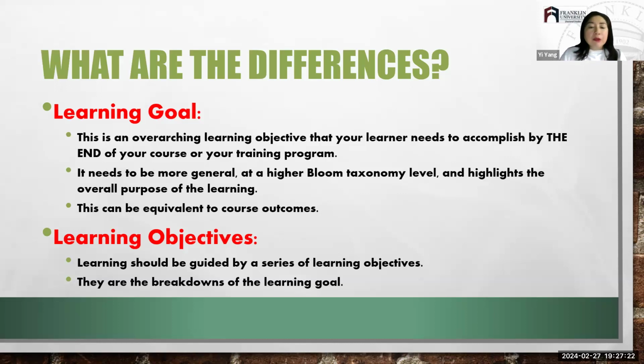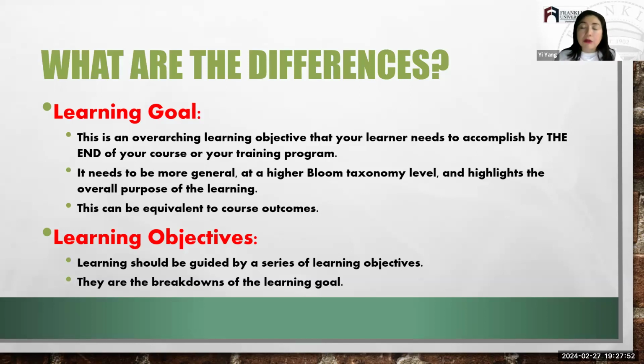Okay, so use Chris's example: to be a better communicator. If that's the learning goal, how do you achieve that goal? Maybe step one is to have a communication outline. Number two could be to learn some communication skills.